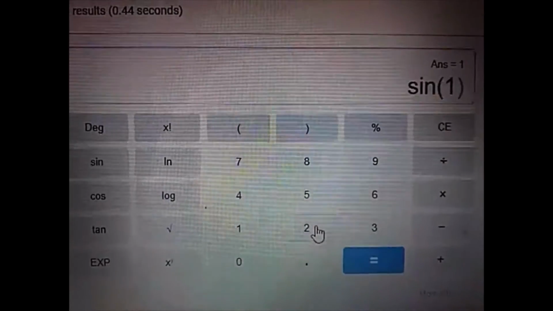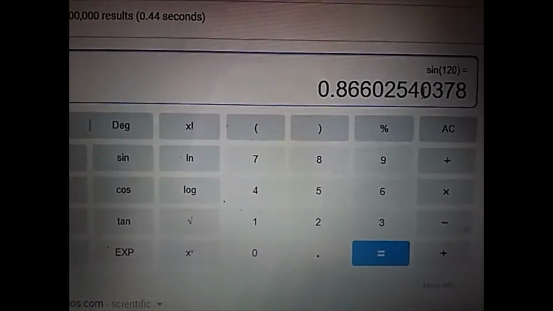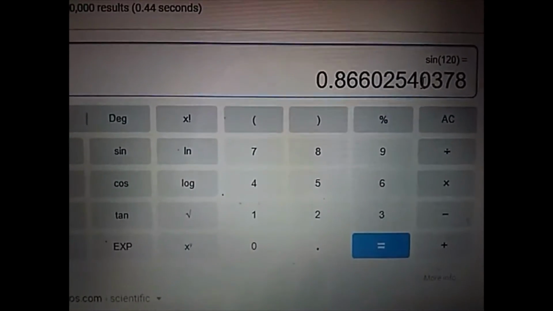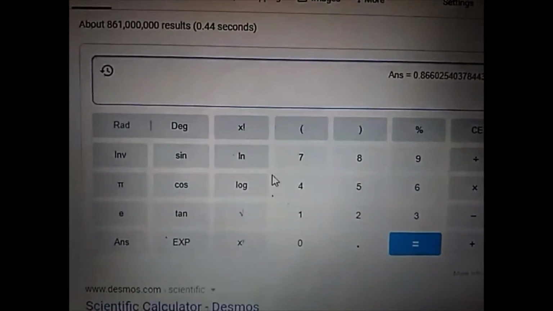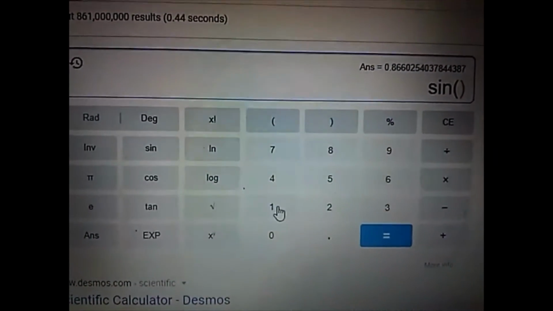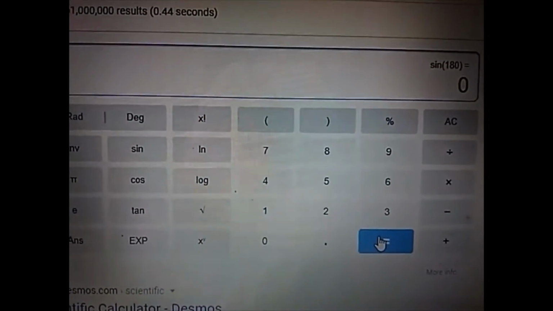Now, if the degrees is greater than 90, such as 120, the sine will get lower again. As you can see, this number is equal to the sine of 60 degrees. Now, how about the sine of 180 degrees? The answer is 0.